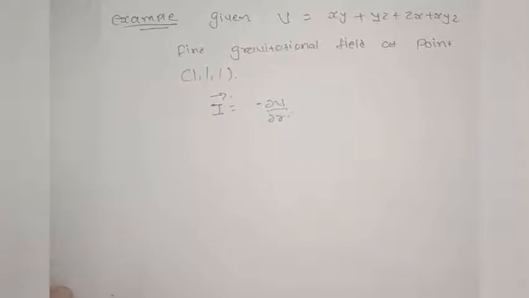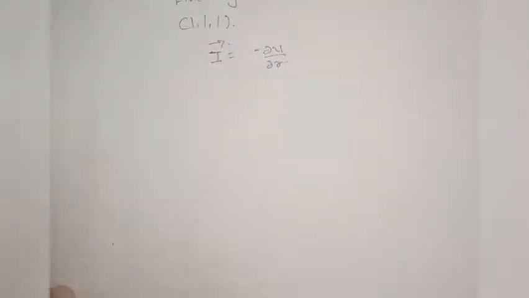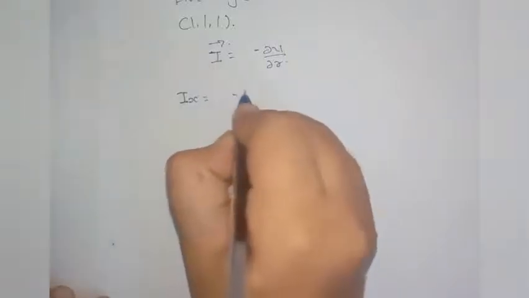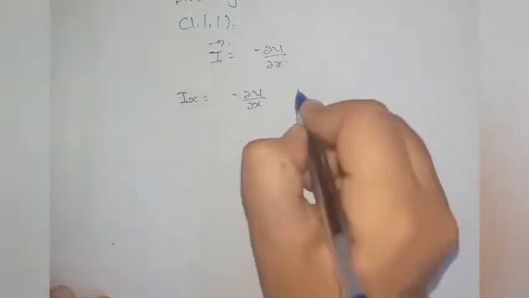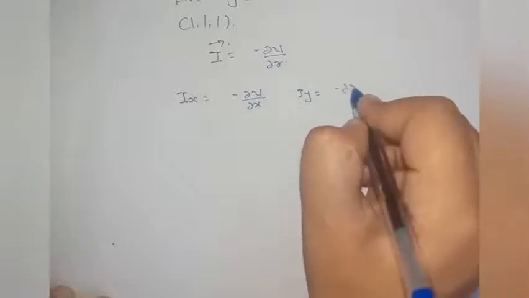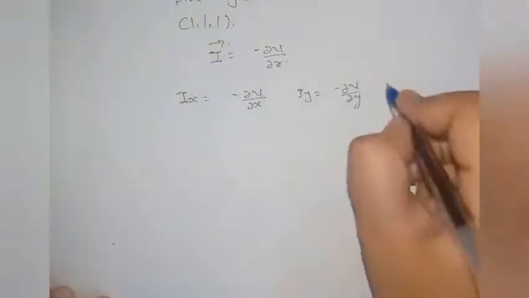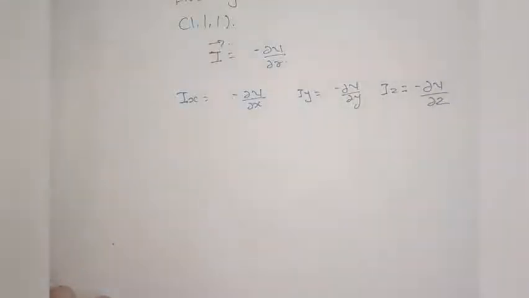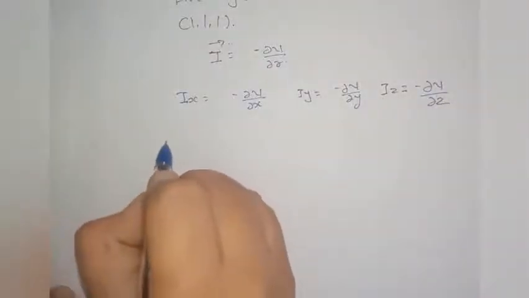So the x component of the gravitational field will be minus del V by del x, the y component will be minus del V by del y, and the z component will be minus del V by del z. So let us find all the components one by one.